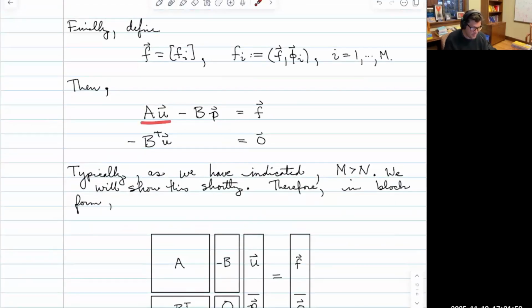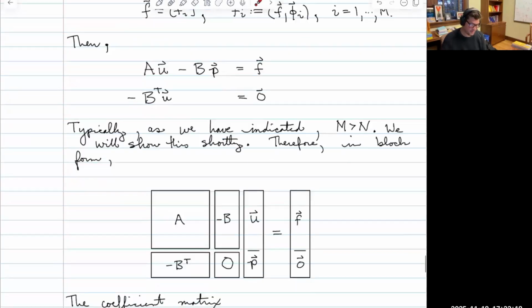So we're looking for U and P that satisfy AU minus BP equals F, and B transpose U equals 0.